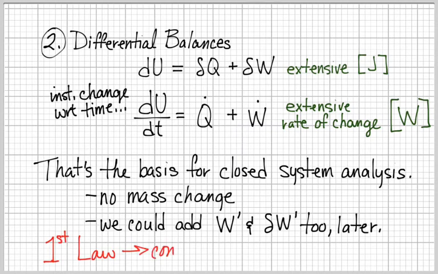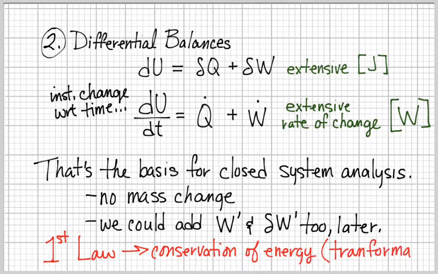And that is the basis for closed system analysis. There's no mass exchange, and we could add non-mechanical work or the instantaneous change of non-mechanical work, and we will do that later. But essentially it's showing that the change in the internal energy of the system on the left is going to be due to energy transformations that are happening as energy passes the boundary between the system and the surroundings.